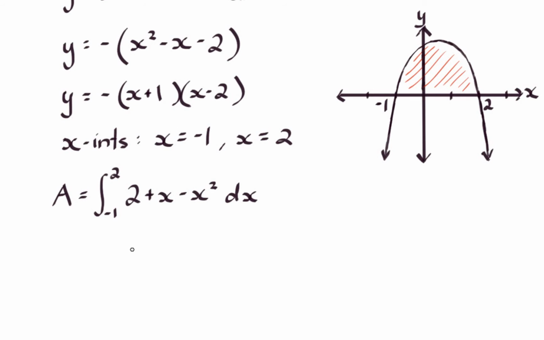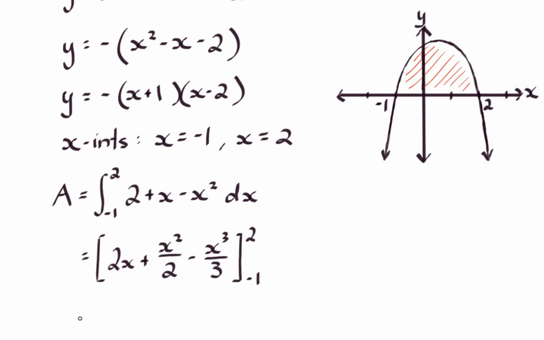Starting with the 2, when we integrate, that becomes 2x. The x becomes x squared on 2, and the negative x squared becomes negative x cubed on 3. Applying our fundamental theorem of calculus means that we're going to substitute in 2 first of all.